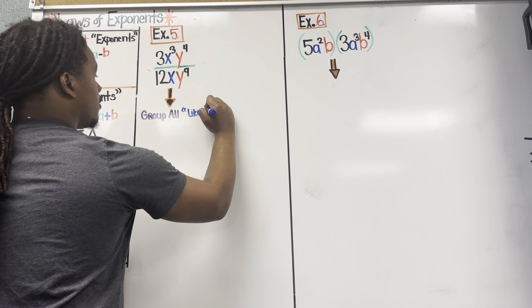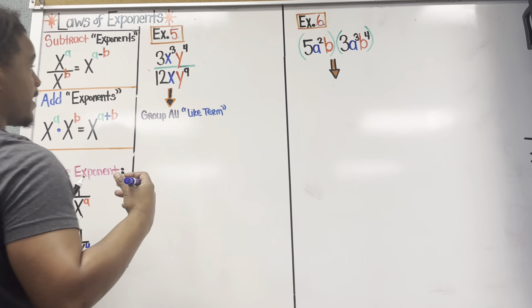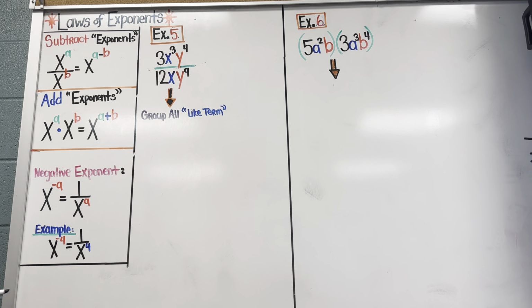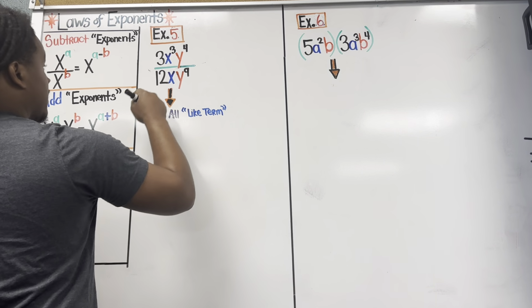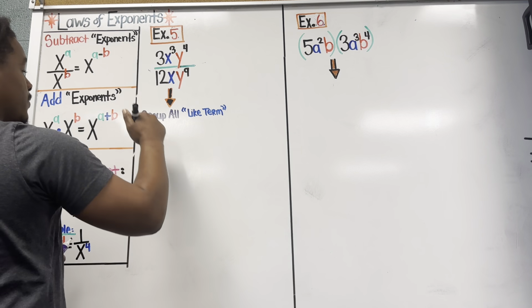We're going to group all of the coefficients together. We're going to group all of the x's together, and then all of the y's together, right? So I'm going to rewrite it like this. First, I have coefficient 3 divided by the coefficient of 12.